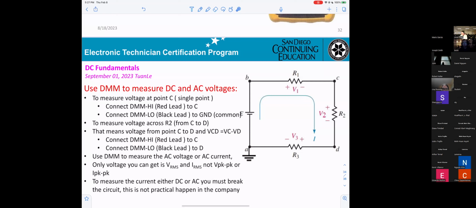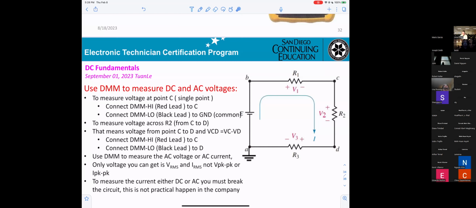The only voltage you can get is VRMS. You do not get V peak or V peak to peak. If you want V peak, you get VRMS and you have to convert it into V peak. The current is the same thing: that will be IRMS or I AC.